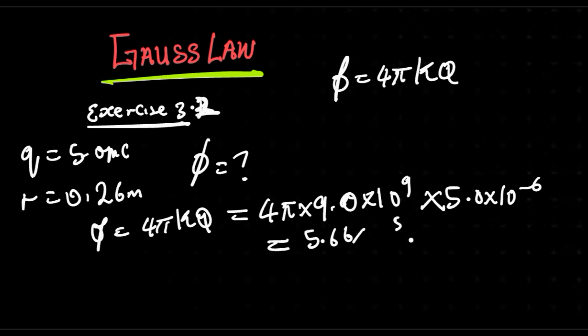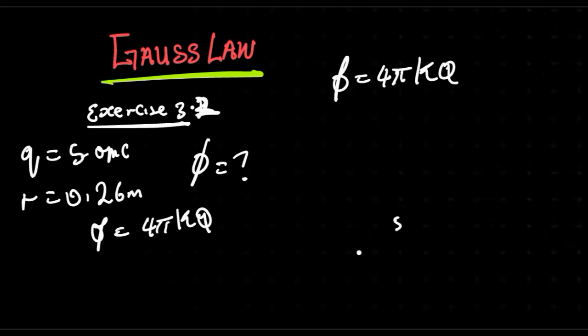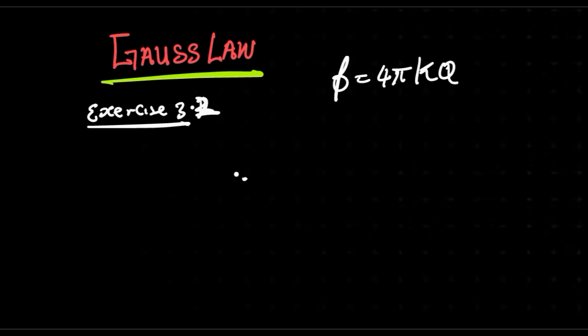The next one is example 3.3. In example 3.3, pay attention. It asks what will be the magnitude of the electric field strength at a point from an infinite line of charge of linear charge density.